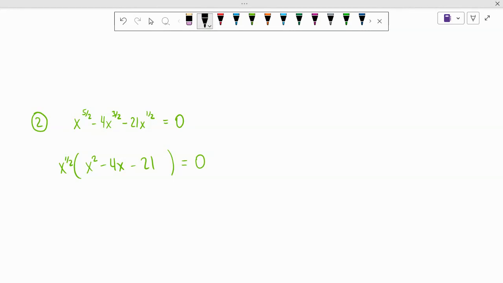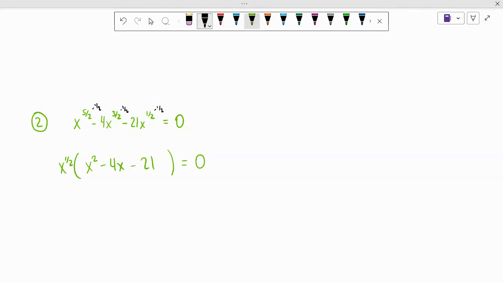So if you weren't too sure how to do that, basically when you pull out the x to the 1/2, you want to subtract 1/2 from all the other exponents to see what's left in the parentheses. So yeah, 5/2 minus 1/2 gives you 4 over 2. So you're left with a power of 2 at the end and so forth, okay?